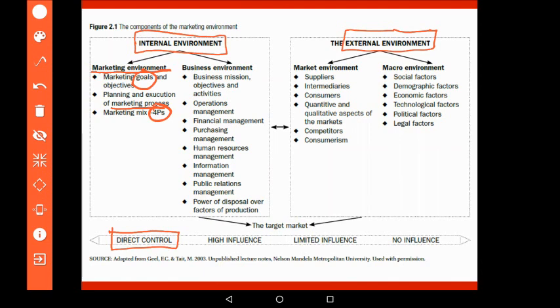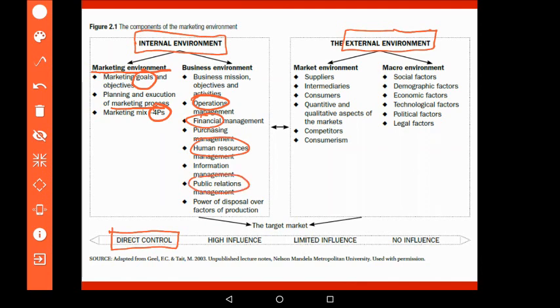Then there's the business environment. That's all the other departments in the organization, and that includes operations, finance, human resources, public relations, and so on.